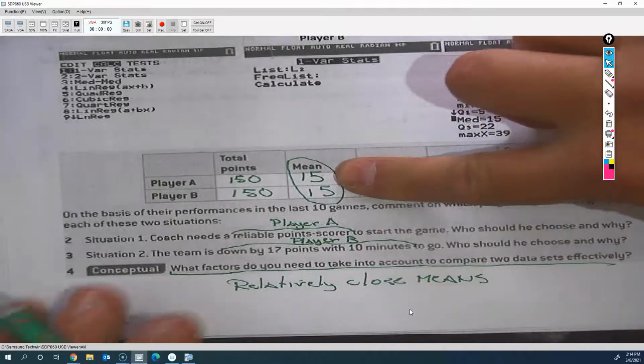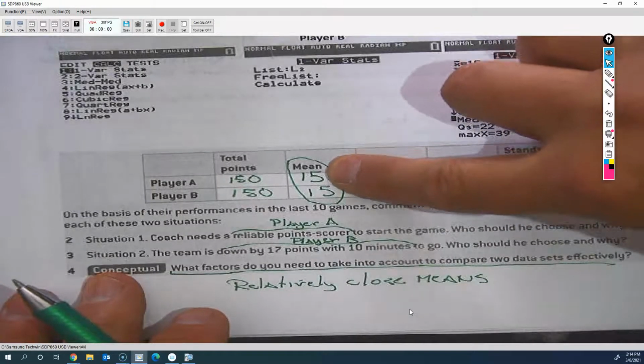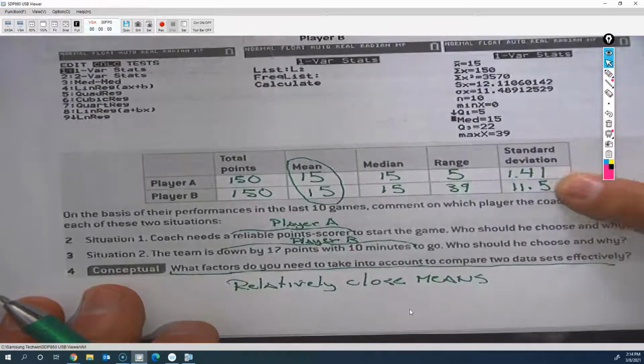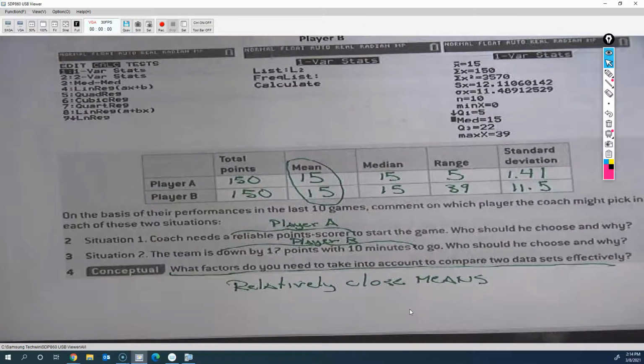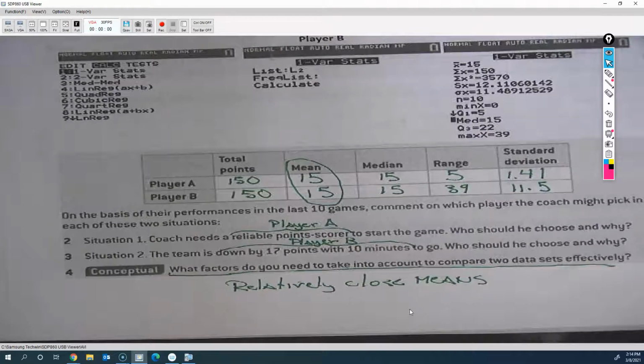If one was 15 and the other one was like 20, then we can't really look at the standard deviations. Okay, so your whole assignment is really going to be plugging these into your calculator.